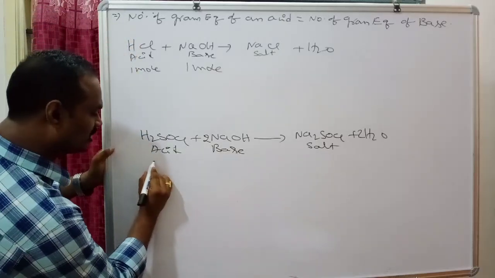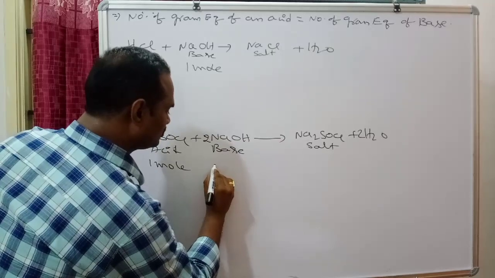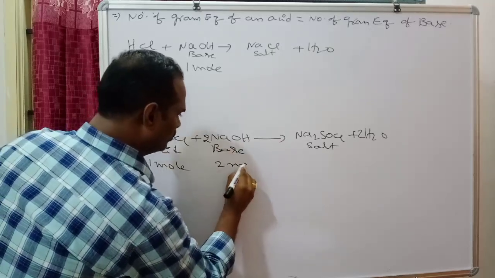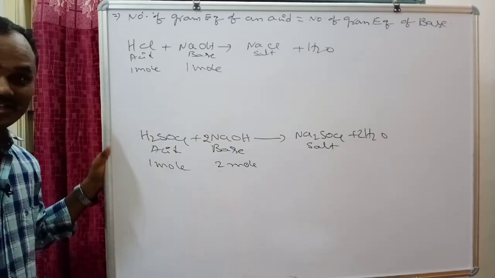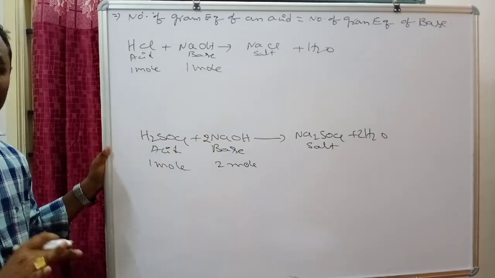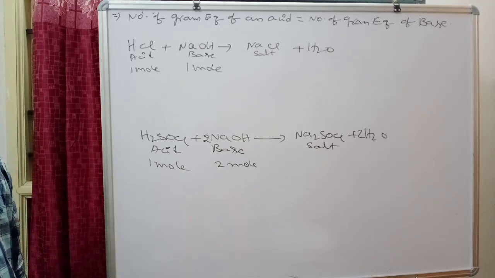Here H2SO4 1 mole and NaOH 2 moles. Here moles are equal, but here moles are not equal. So based on moles we won't tell the definition; only based on gram equivalents can we calculate.